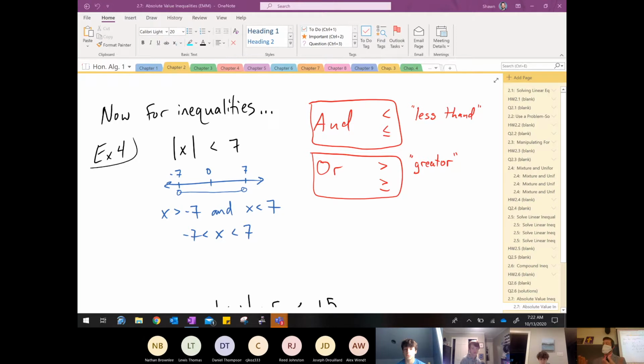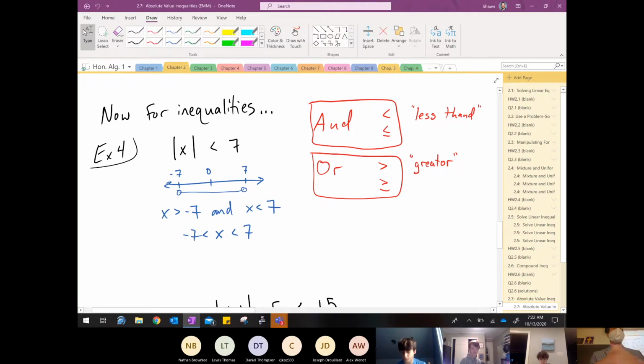We just want to start by isolating the absolute value expression. That's going to be step number 1. And once we do that, that's when we assess what kind of compound inequality we're dealing with. That's when we're going to notice, okay, this is less than, so I'm going to use an and statement, per our instructions over there on the right.